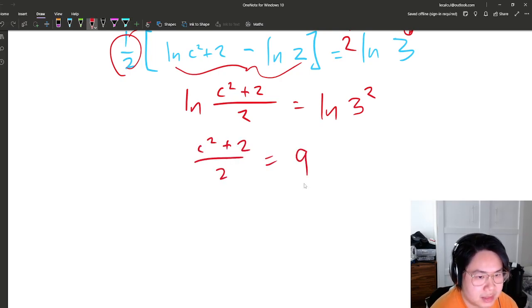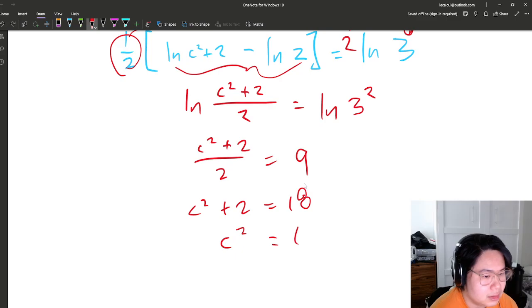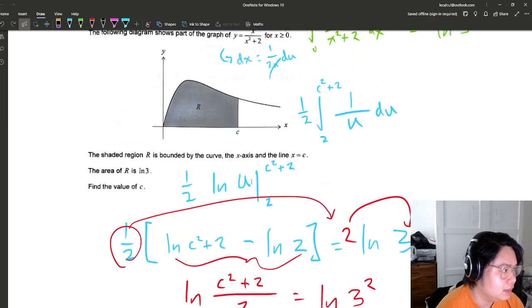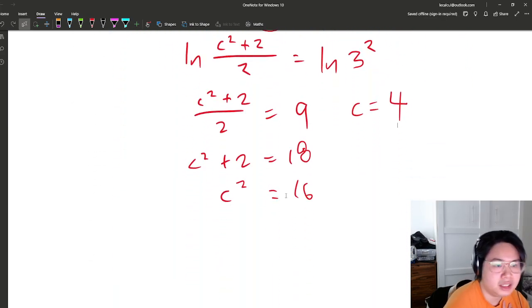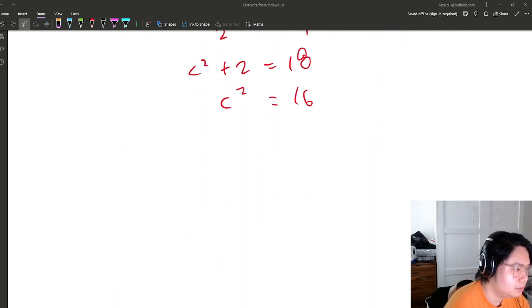And then 3 squared is 9, so multiply the 2 over, and then subtract the 2, which means that c needs to be square root of 16, positive, because c is clearly positive. Okay, not bad.